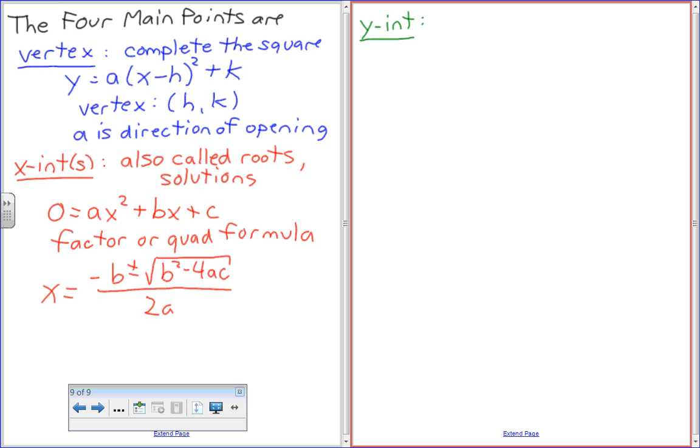Can someone please tell me how to find the y-intercept from grade 10 or grade 9? How do you find the y-intercept? You can put x equals 0. That's exactly what you said, x equals 0. So it's going to be 0, comma c.